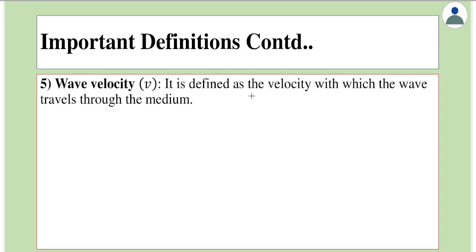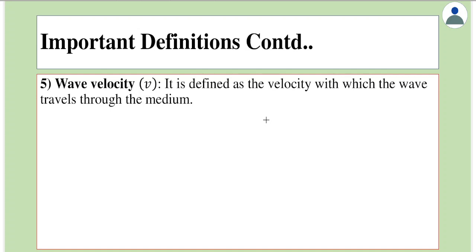The next one is called wave velocity. It's common sense that all waves will not have the same speed. You all might have learned in school that in the case of lightning and thunder, lightning reaches the earth faster and thunder is heard later. That is because of different velocities. So wave velocity is a very important concept. In simple language, it is the velocity with which the waves travel through the medium.